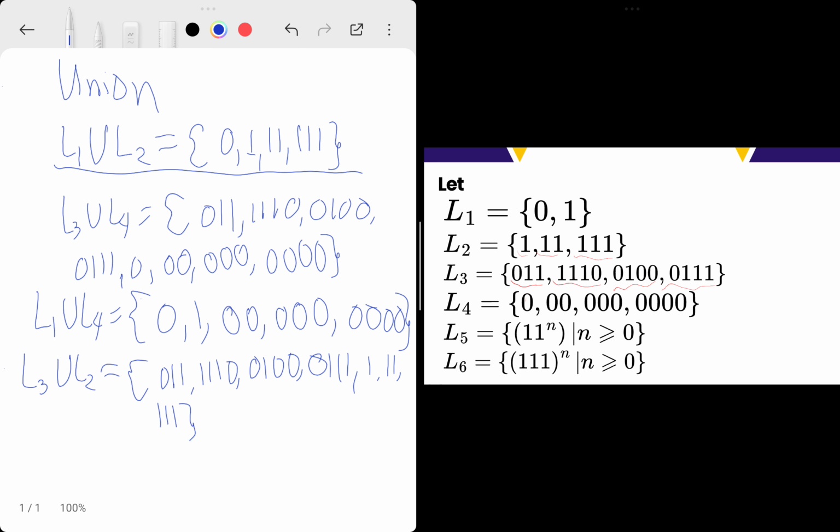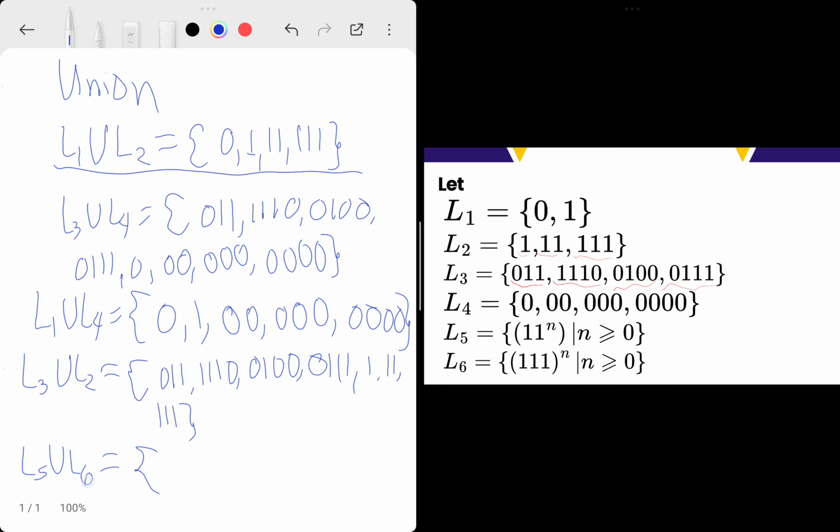Now let's have L sub 5 union L sub 6. This time we don't need to copy the elements, since we only have the conditions for the elements of our sets L sub 5 and L sub 6. So we'll just have L sub 5 union L sub 6.